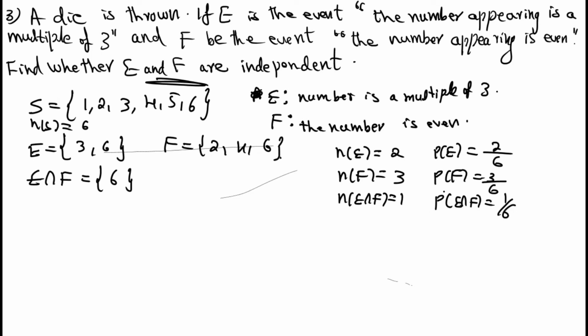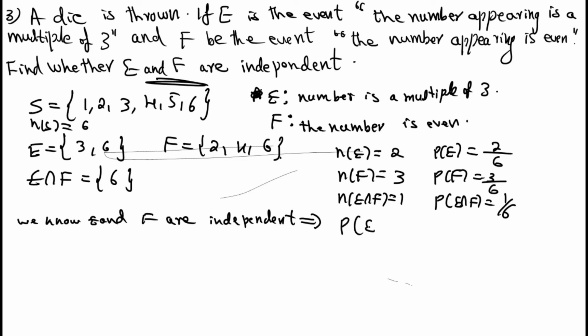Okay, now what you have to calculate? You need to show that E and F are independent. We know E and F are independent implies probability of E intersection F is equal to probability of E into probability of F. Okay, it's a formula, right?